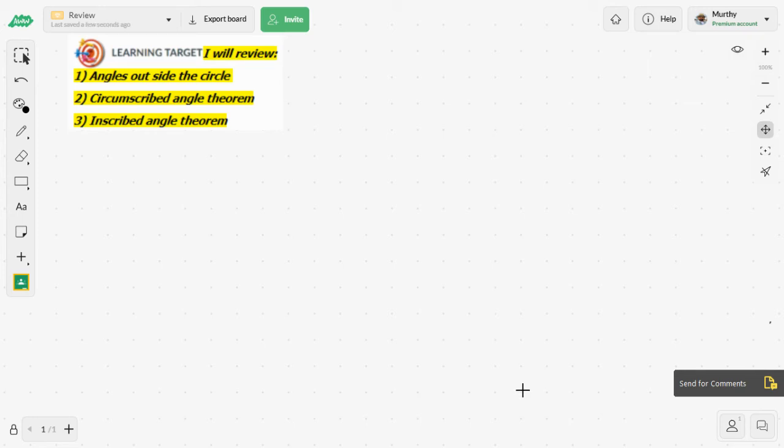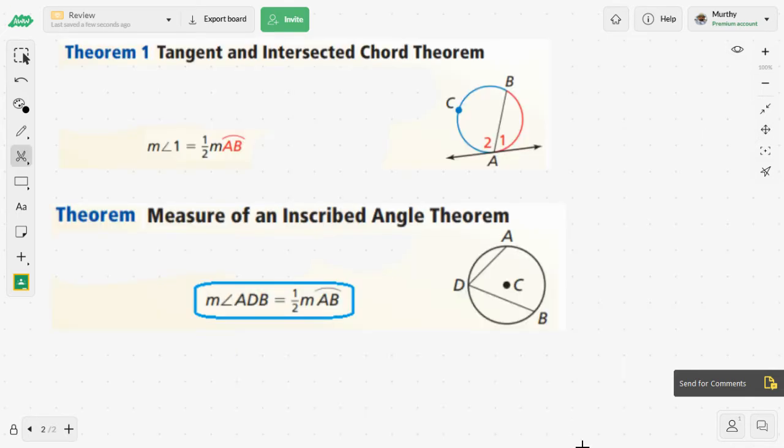In today's class, I'm going to review angles outside the circles, circumscribed angle theorem, and inscribed angle theorem. Please see that the first theorem says that the measure of angle 1 equals half the measure of arc AB.